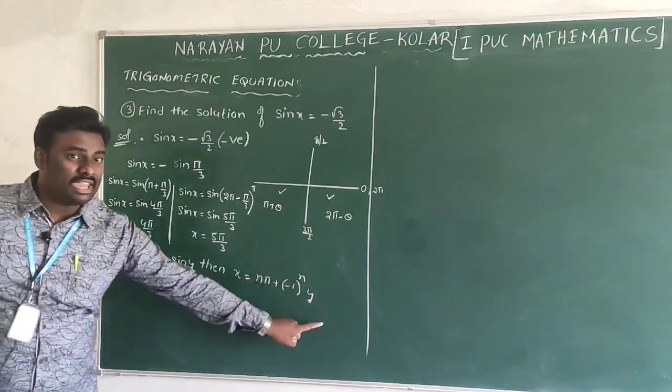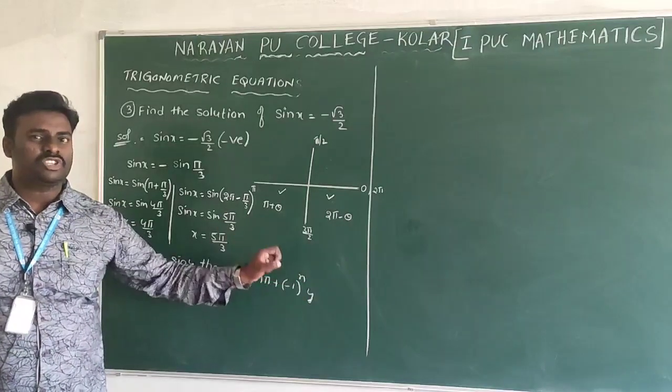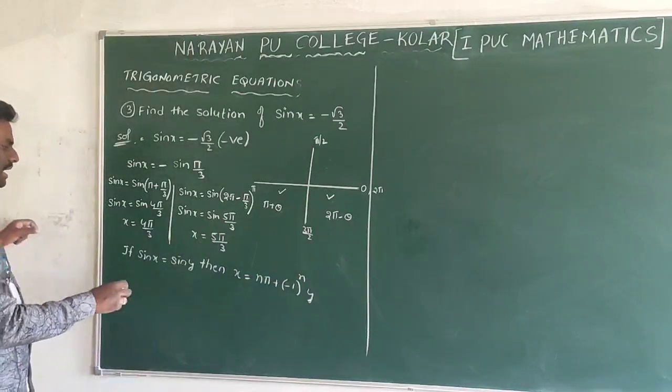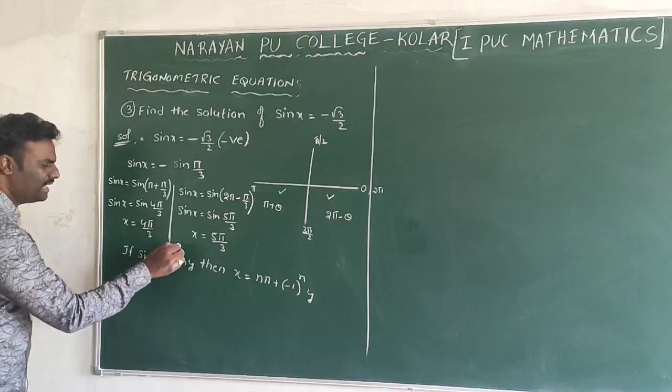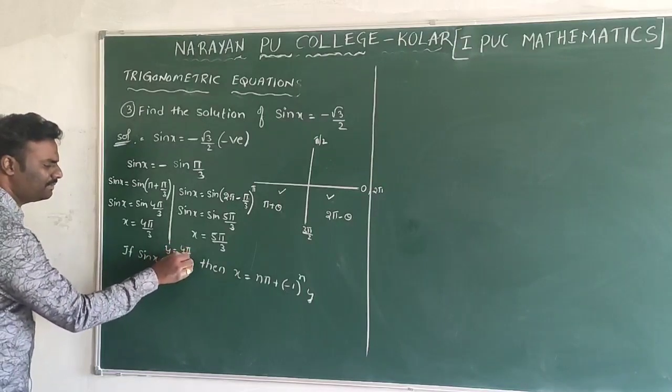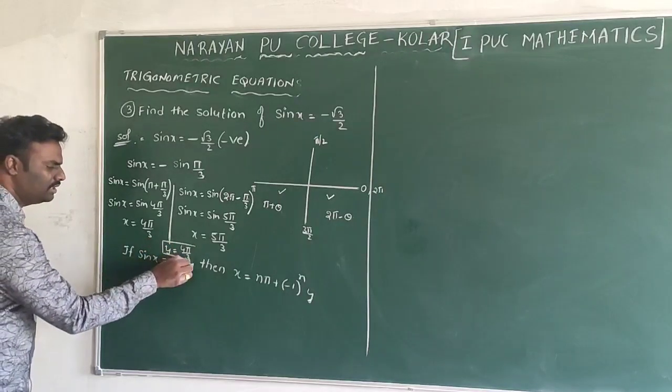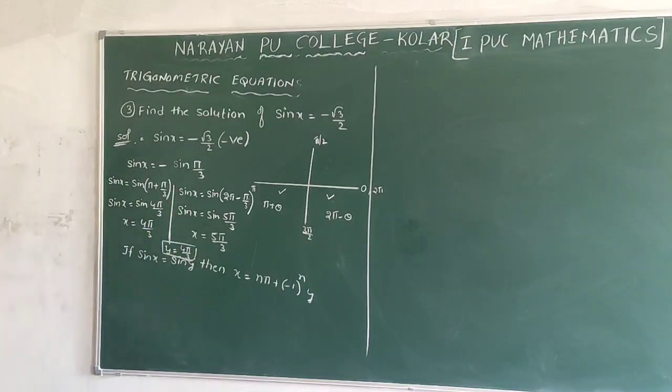Here what is y? Y is the principal solution. Now I can take y as 4 pi by 3. In these two I am taking the least one. Now you can substitute.